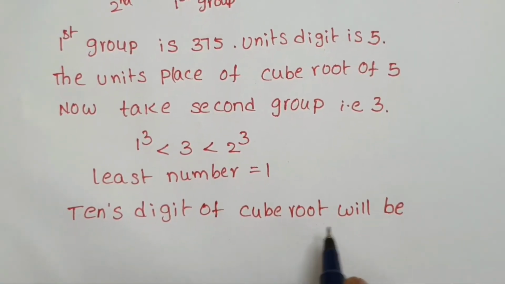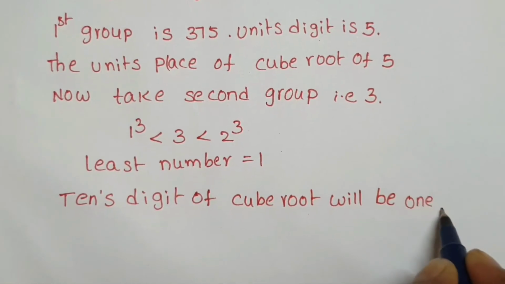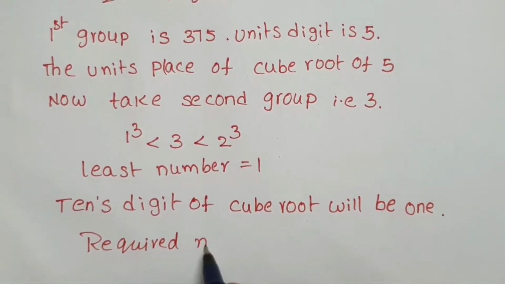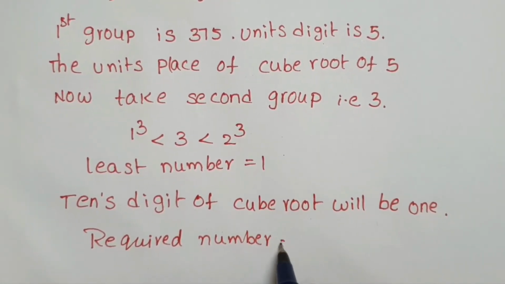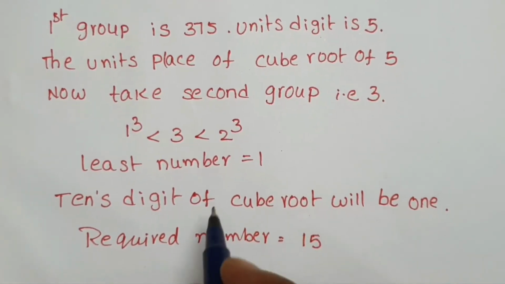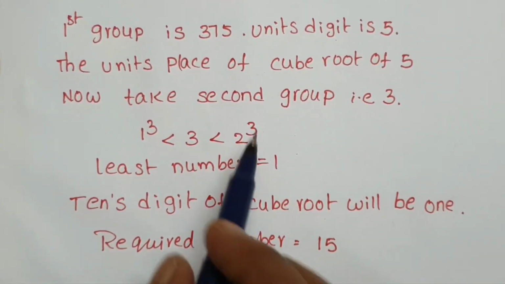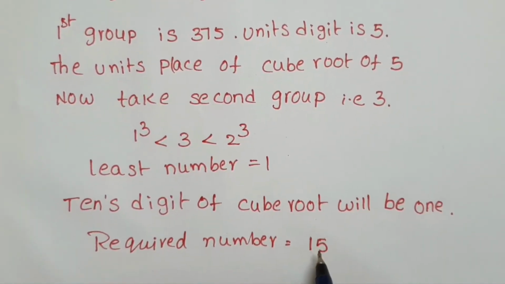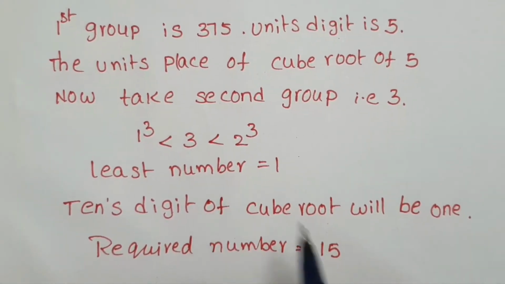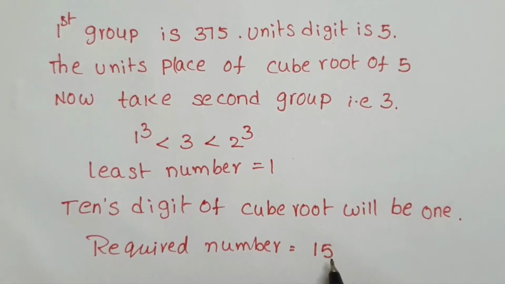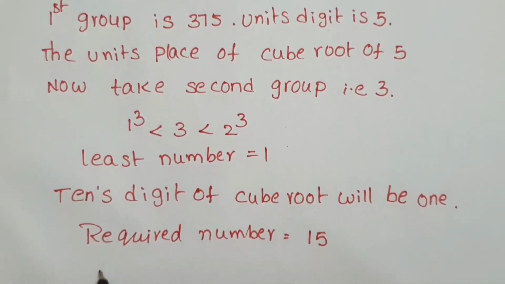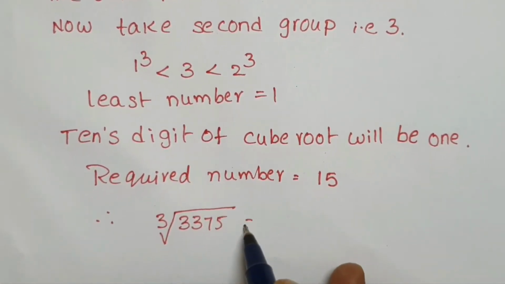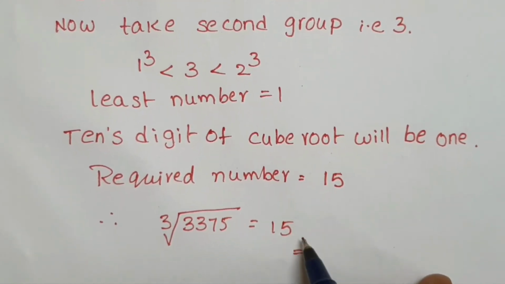Here the tens digit of the cube root will be 1. Means the required number is 15: the ones digit 5 and the tens digit 1 combined. Therefore the cube root of 3375 equals 15. This is the answer.